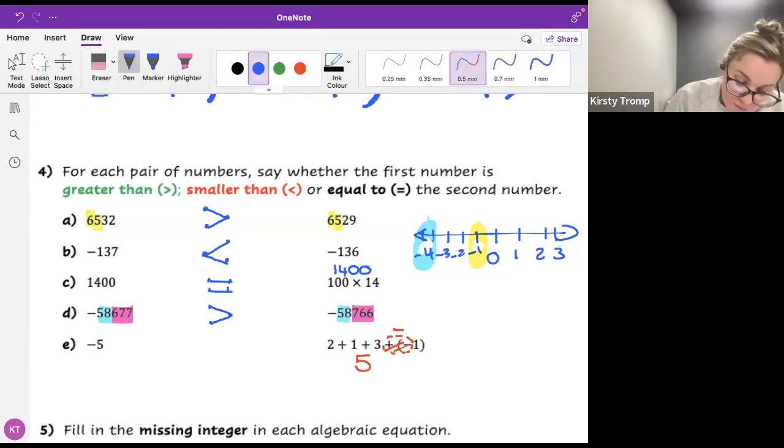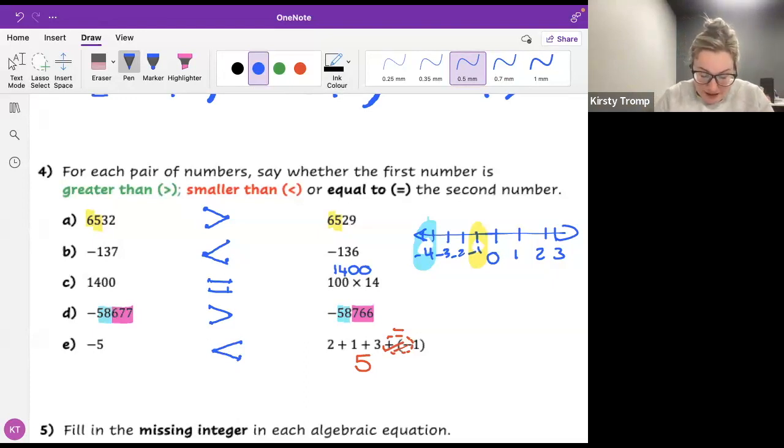Now I ask myself, which number is bigger, 5 or negative 5? The answer is going to be 5. So the crocodile mouth is going to point to the amount that is bigger. It's going to eat the amount that is bigger. Or we can say 2 dots to the one that's bigger, 1 dot to the one that's smaller, and we join up the dots.